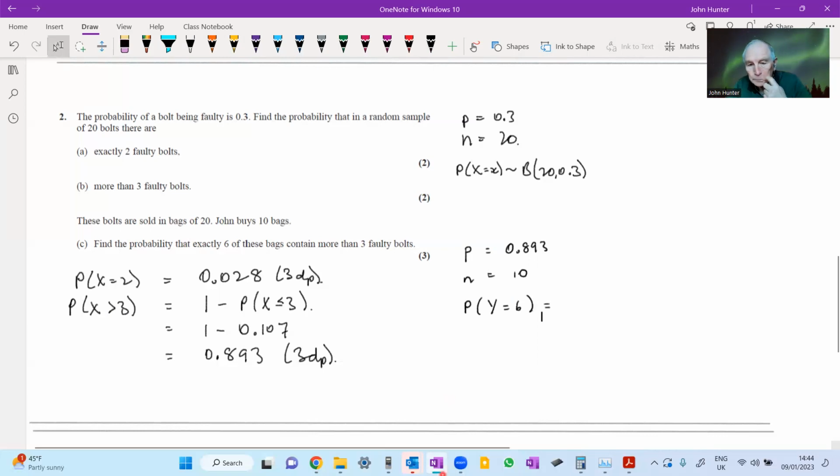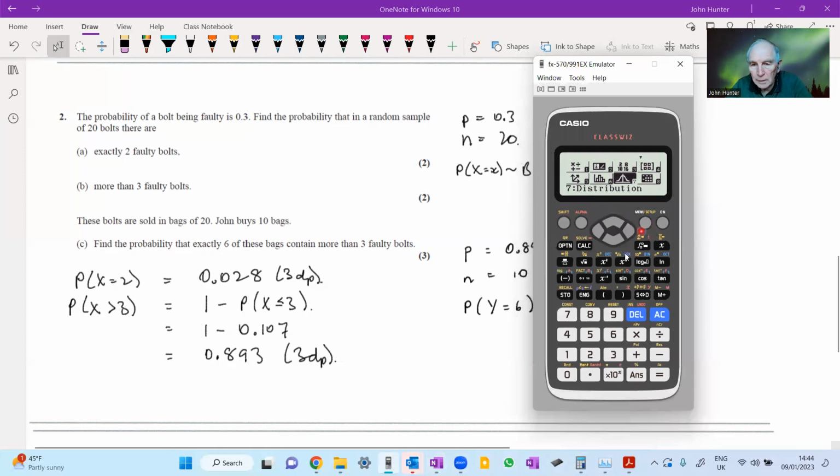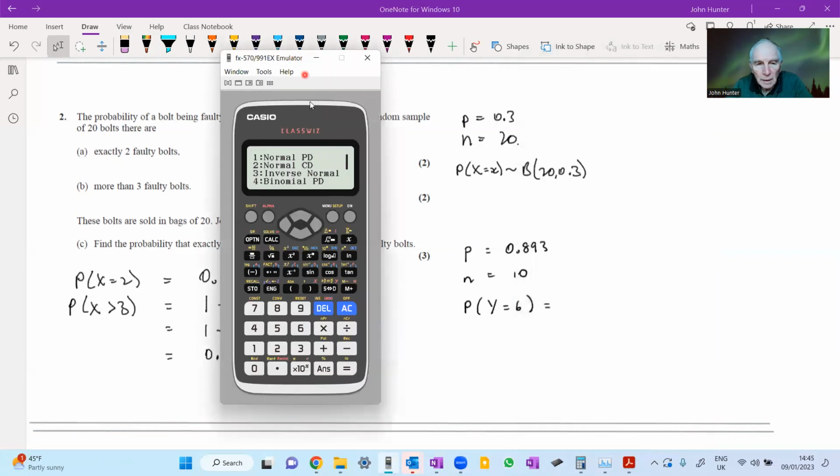So if we were to get our calculator back up, menu 7, we wanted exact, so the binomial probability would be good enough for us.